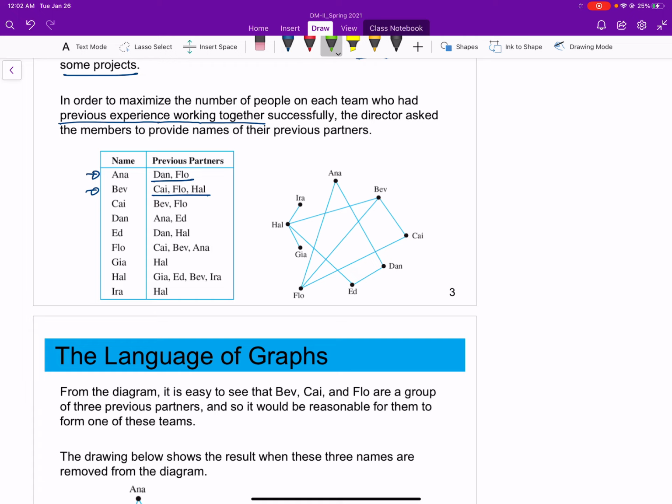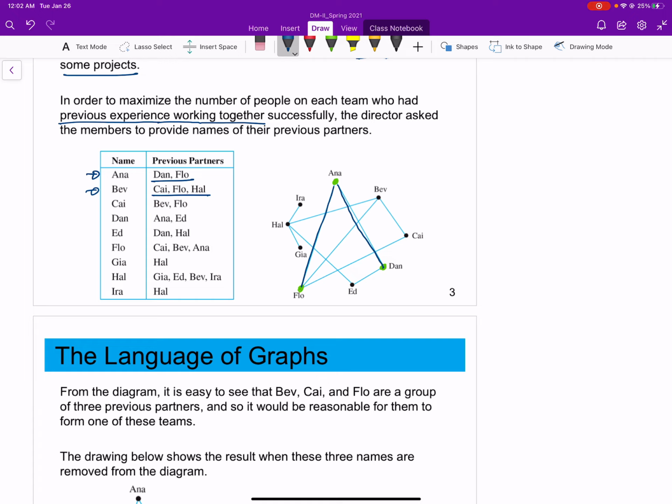Let's see. This is Anna. Where's Anna? Anna's here. So here you have Anna, and Anna worked with Dan and Flor. Dan is here, Flor is here, so you can connect Anna with Dan and Flor. All right, so you connect Anna with this person and Anna with that person because they worked together.